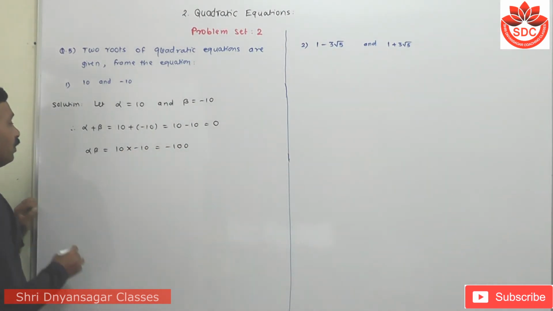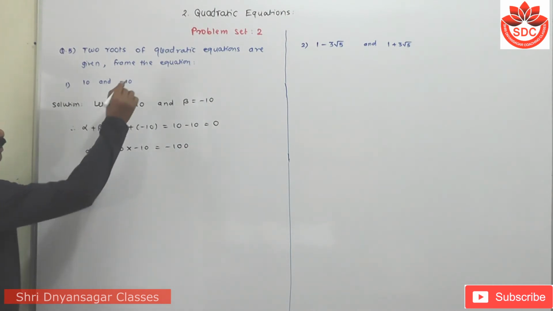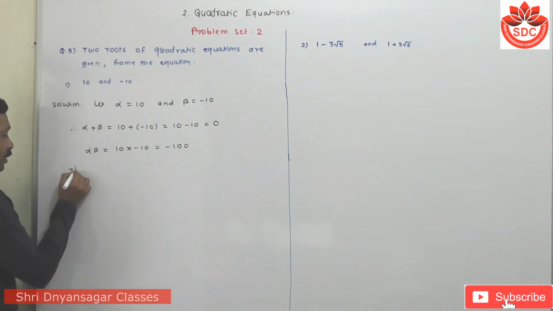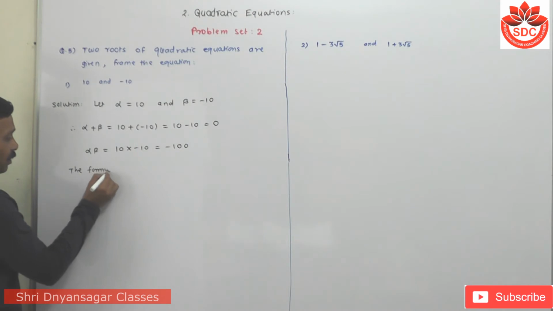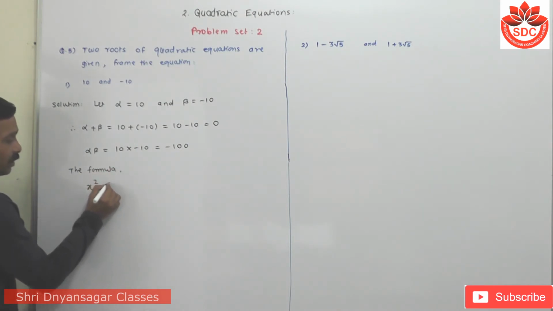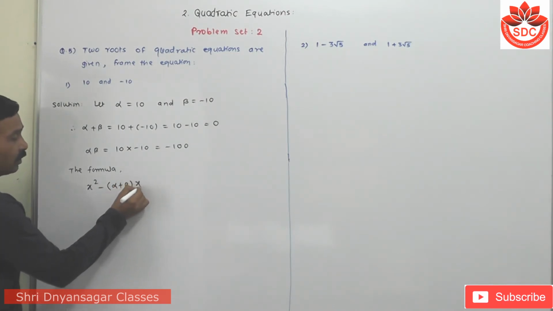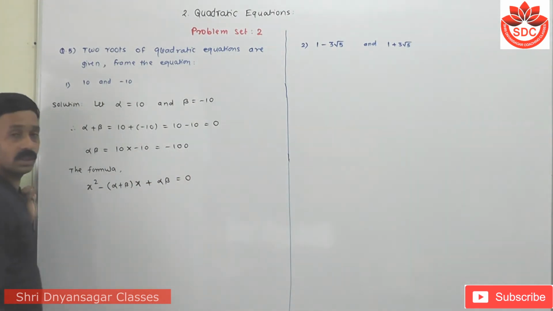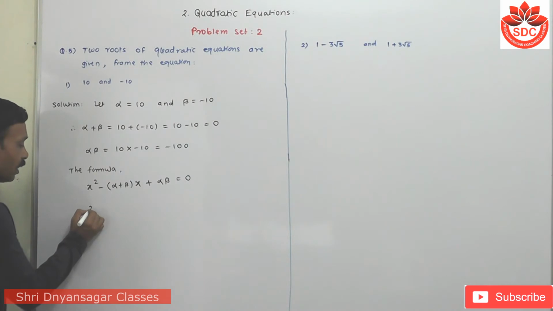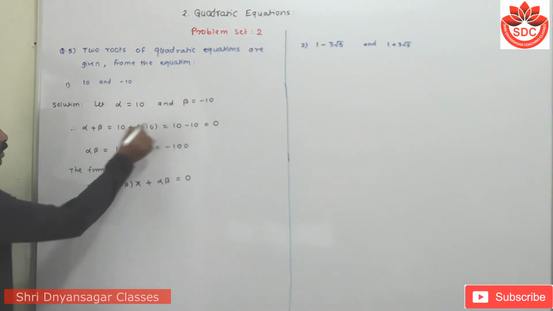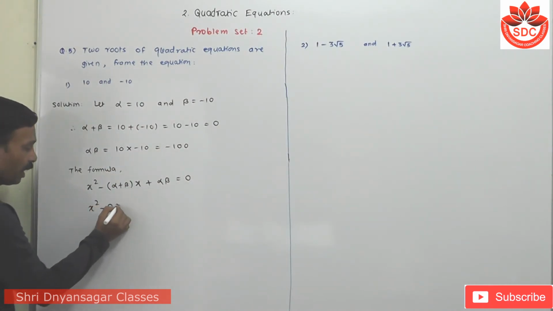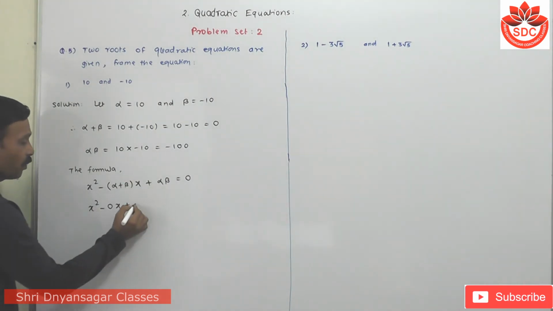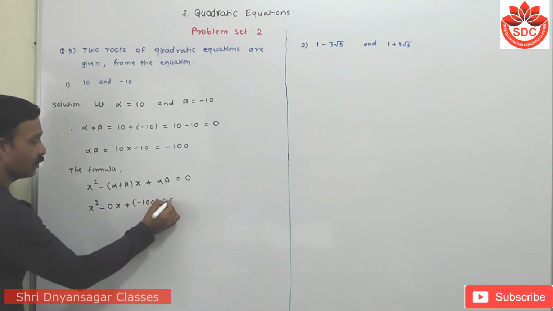Then alpha into beta is equal to 10 into -10, which is how much? -100. Now the formula to frame the equation is x square minus the sum of the roots, that is, alpha plus beta, into the variable x, plus the product of the roots is equal to 0. Now here it is x square minus the sum of the roots, 0, into x, plus the product, -100, is equal to 0.